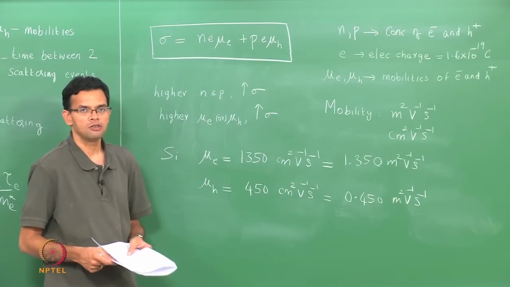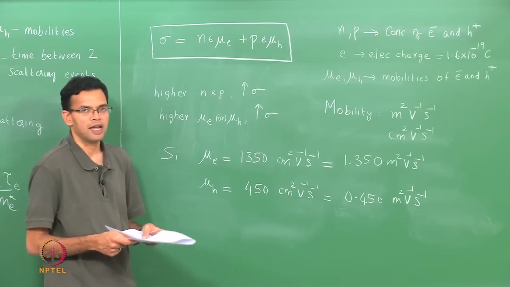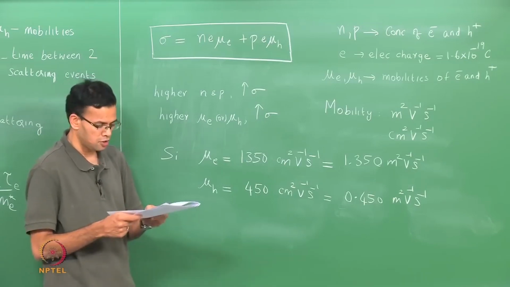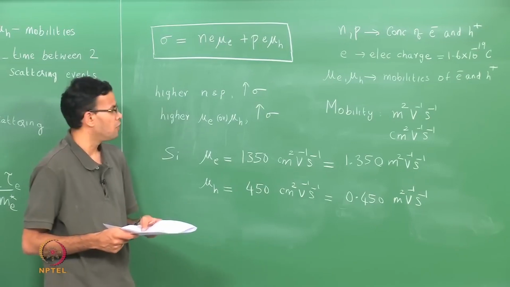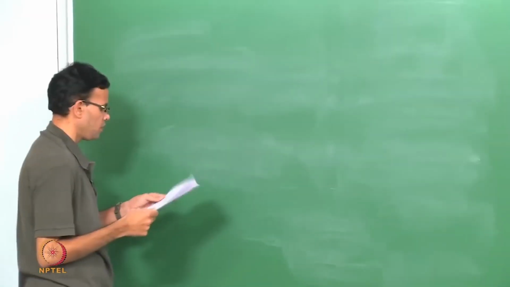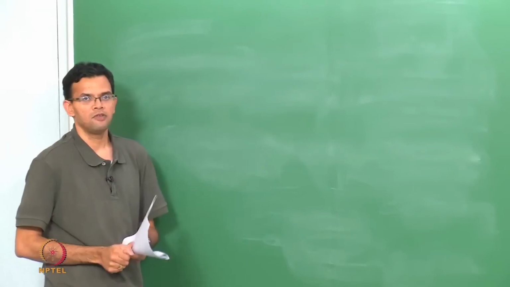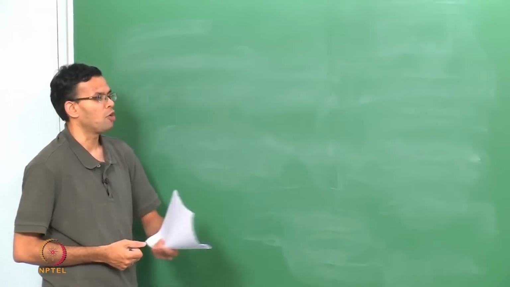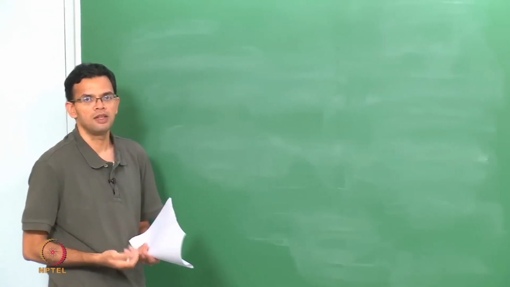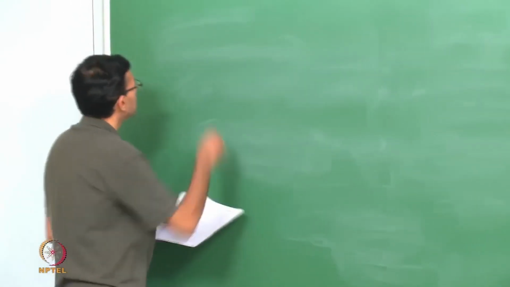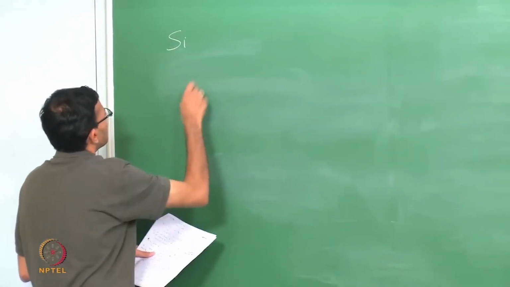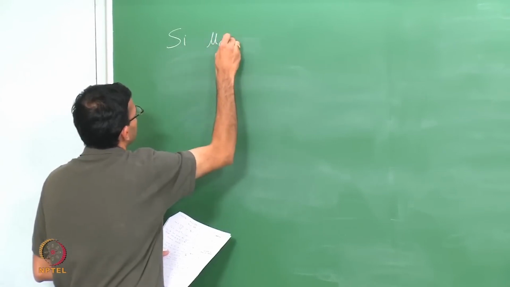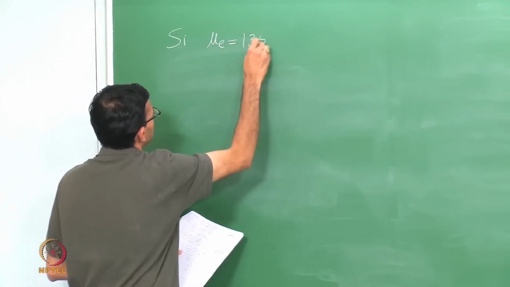We also saw that the mobility depends upon the scattering time. We will use this to do some calculations for the scattering time. So, consider the case of silicon, and we will only talk about the electrons. You can use a similar calculation for the holes. Consider the case of silicon where mu e is 1350.